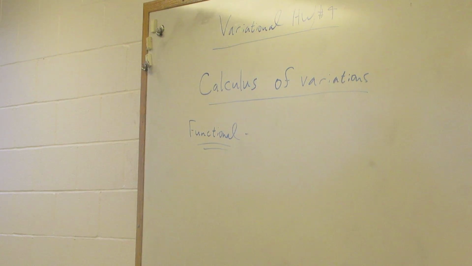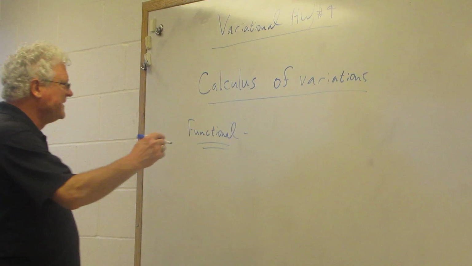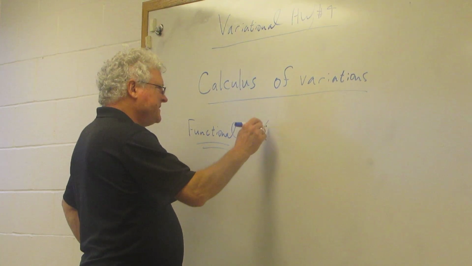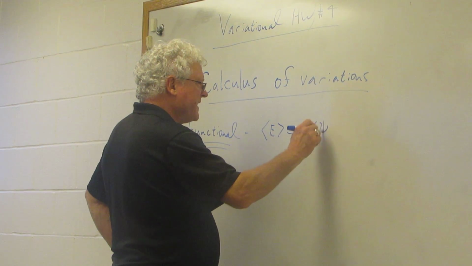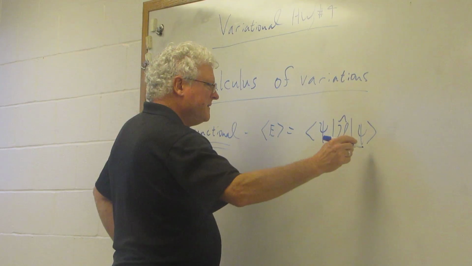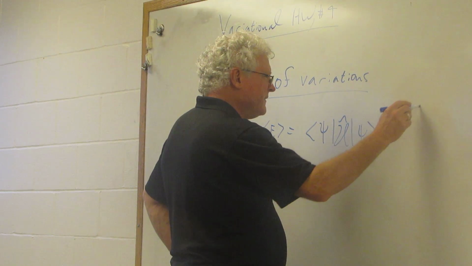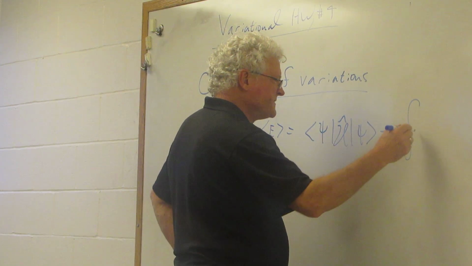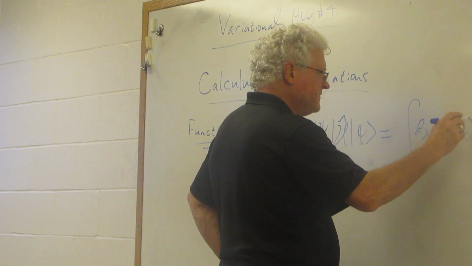And so in the context of the variational principle, the functional that we're talking about is actually the energy, in other words, the expectation value of the energy. So the idea is that if I say the energy expectation value is equal to psi, Hamiltonian operator, psi, then in a one-dimensional case, that would be integral dx of psi star of x.